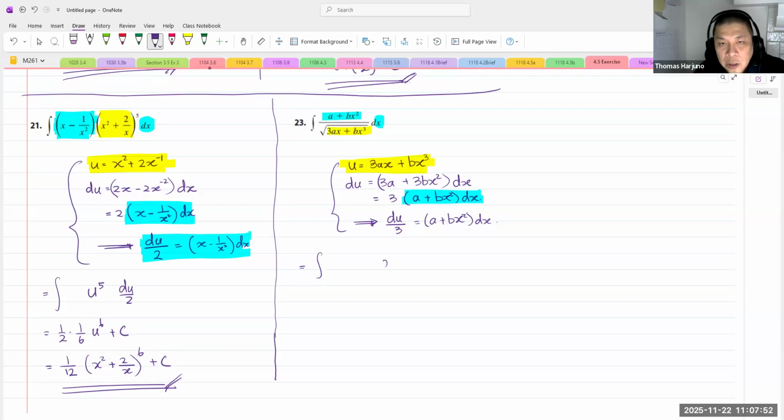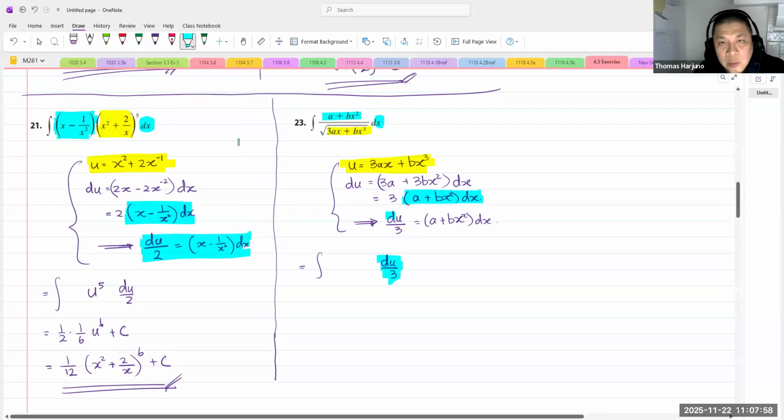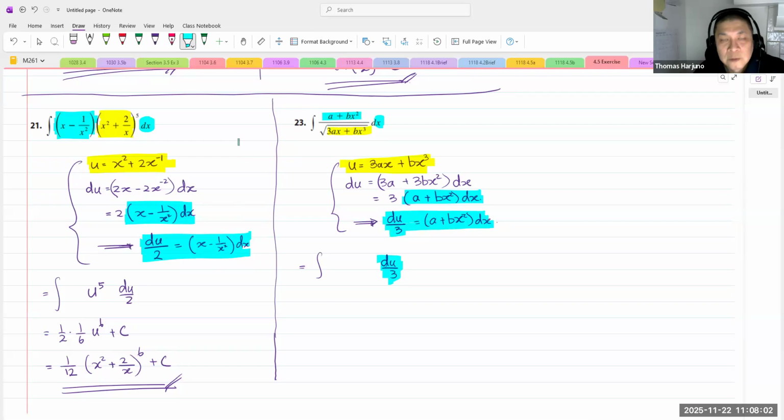So now my du over 3 will be that a plus bx squared dx. Integral du over 3, that's my blue part. And then that's 1 over square root of u. Actually, I can just rewrite that as 1/3 integral u to the negative 1/2 du.